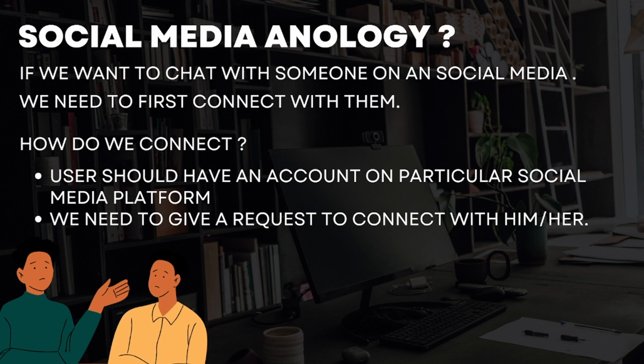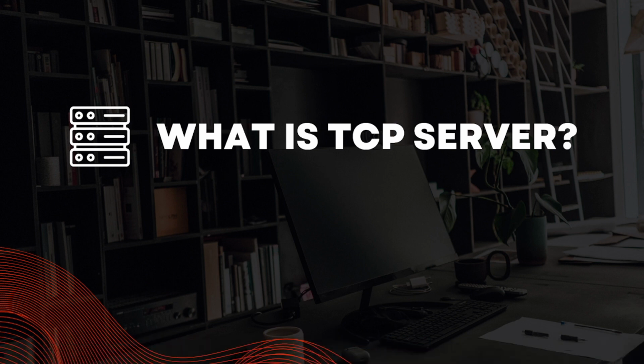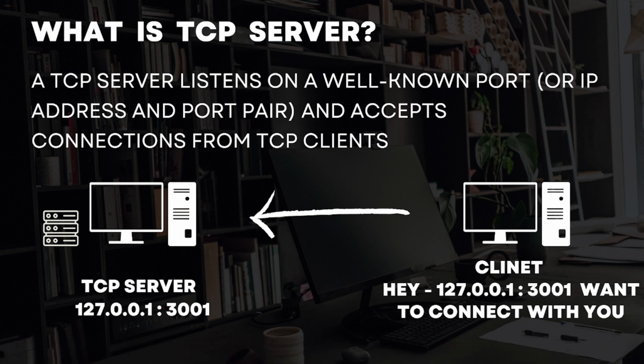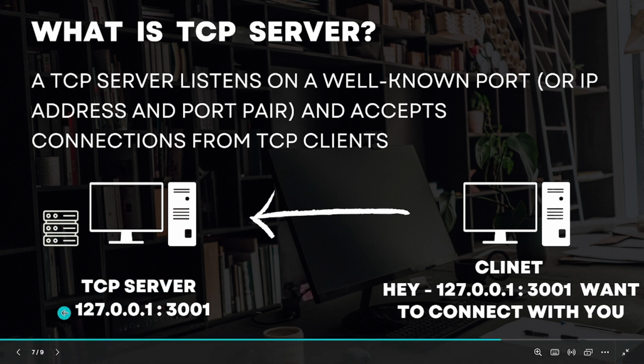But where is that social media? How do the computers know that I'm just waiting to accept a friend request, kind of thing? That's where the TCP server comes into play. What is a TCP server? A TCP server listens on a well-known port, or an IP address and port pair, and accepts connections from TCP clients. From the analogy, we can consider this TCP server as a social media platform which has an account whose name is the local IP address and its port.